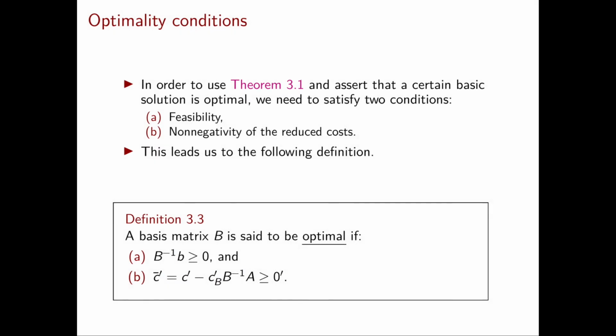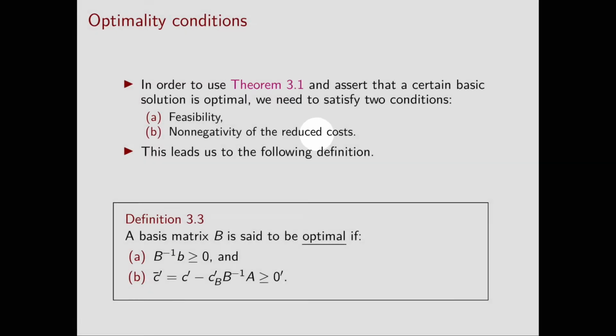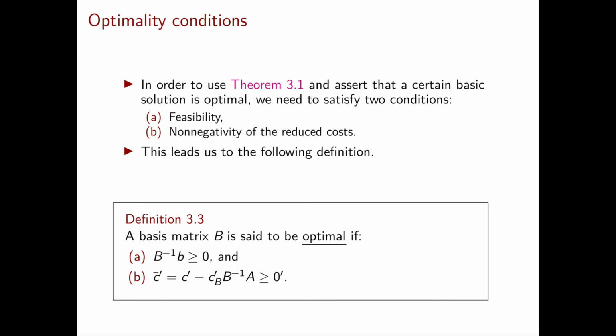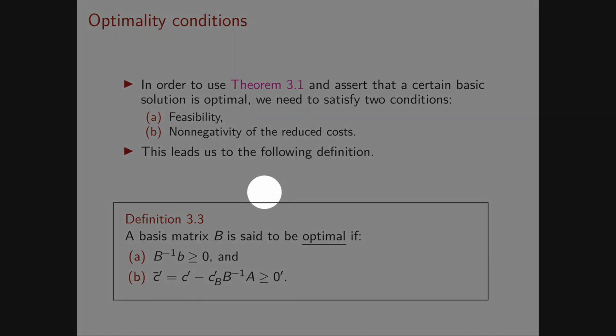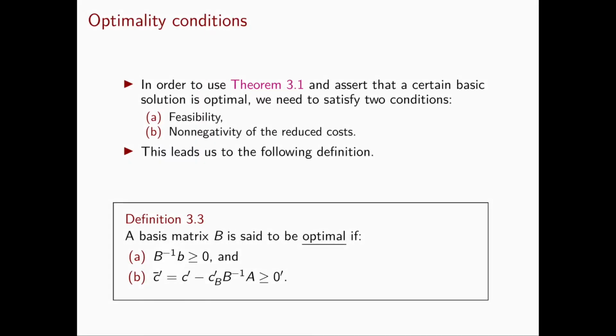Now we know how to write feasibility and the reduced costs in terms of our basis matrix B. So this naturally brings us to the definition of a basis being optimal. A basis matrix capital B is said to be optimal if capital B inverse b is greater than or equal to 0, and this is exactly feasibility of the corresponding solution, because if you remember, capital B inverse b is the vector of the basic components of our basic solution.